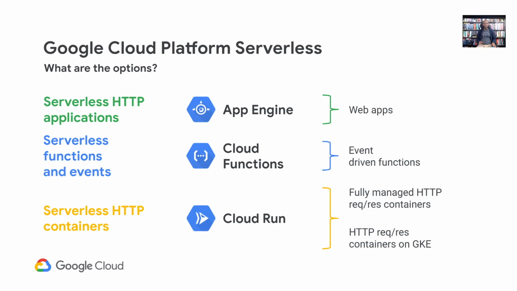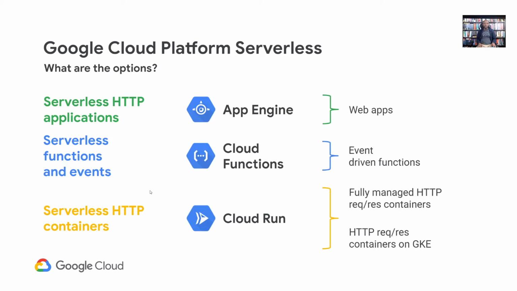Okay, so let's talk at a high level about fully managed services, serverless, on Google Cloud. From a serverless perspective, there are three main products to mention. Number one, App Engine, which is basically giving you the potential to run web applications at scale.